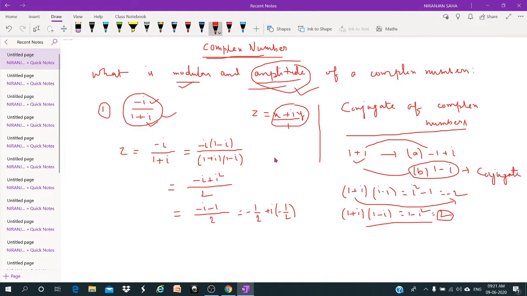Now we can find the modulus. Mod z is equal to root over x square plus y square. So mod z is equal to root over minus half whole square plus minus half whole square.